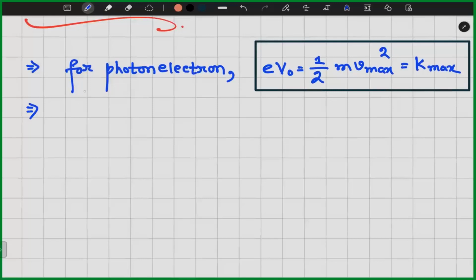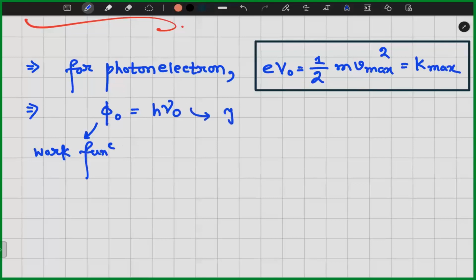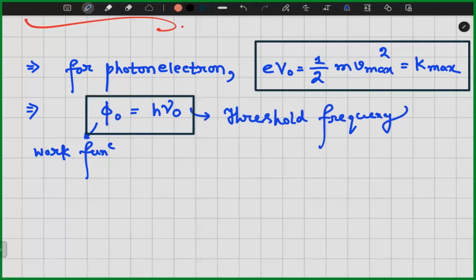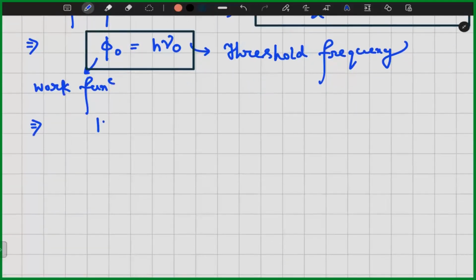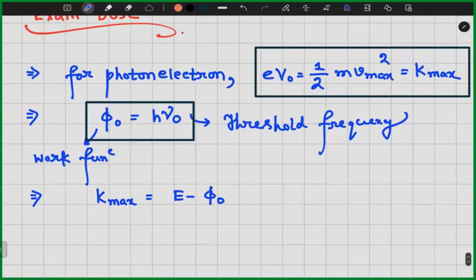Second relation is phi naught, which is the work function, equal to h nu naught, where nu naught is the threshold frequency. Third one is K max equals E minus phi naught. Everything is known, so K max we can find from here.